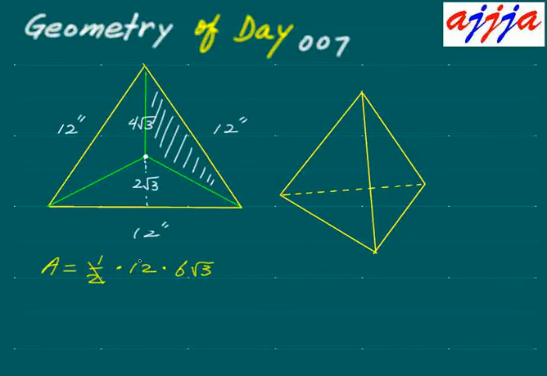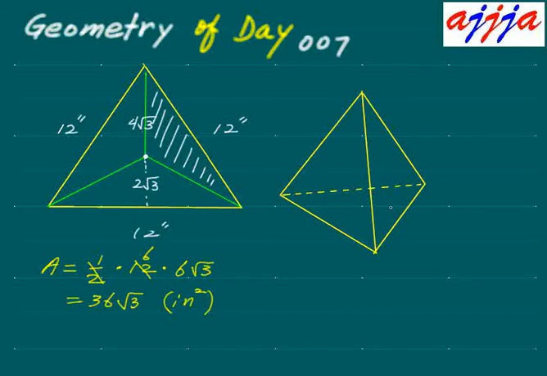Then divided by 2, which is 6. 6 times 6 is 36, so 36 square root 3 square inches. That's it. All right, that's the area.